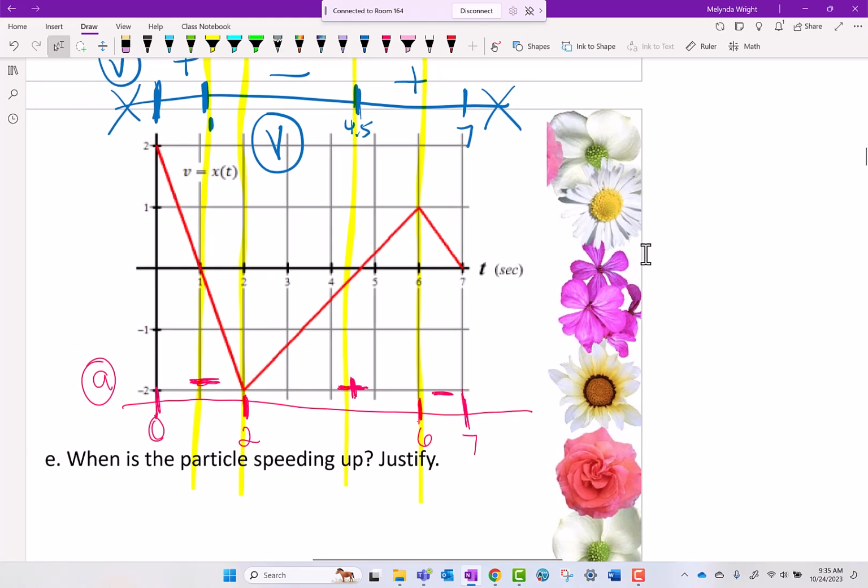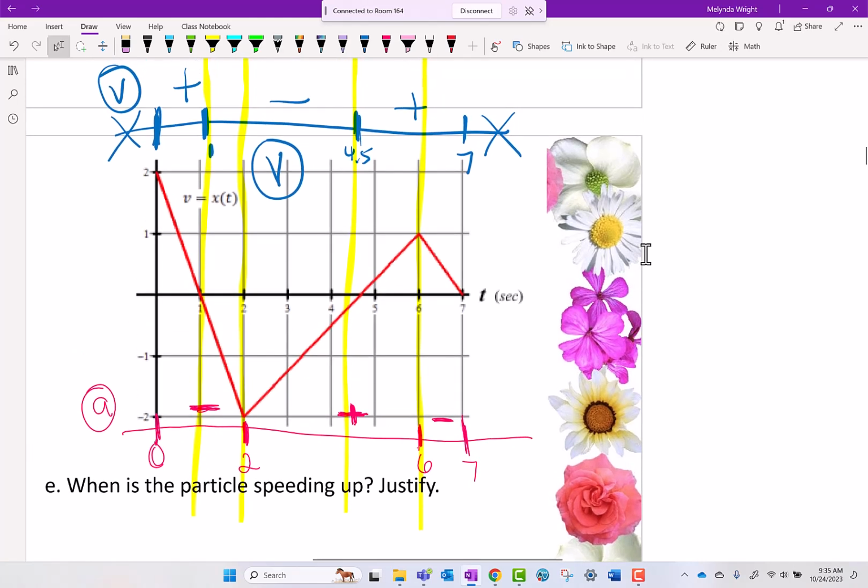So between 0 and 1, I'm looking at this section right here, I've got a positive velocity and negative acceleration. Am I speeding up or slowing down? I'm slowing down, and I'm just going to put an arrow like that so I know that that's down. I'm just making myself little notes.